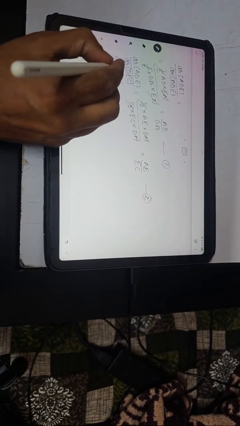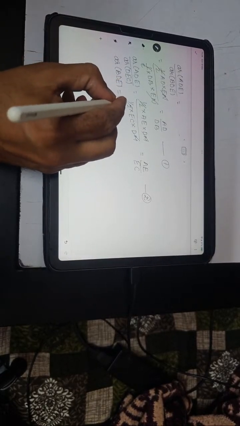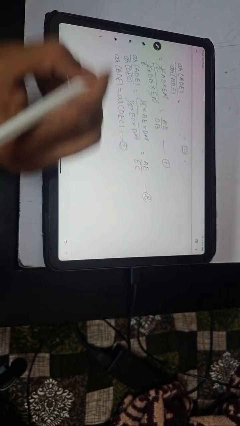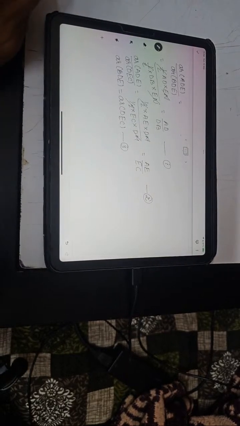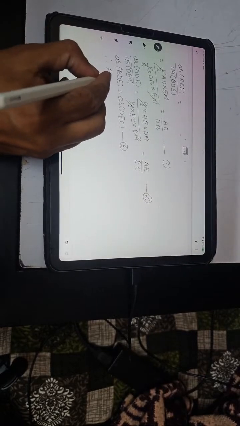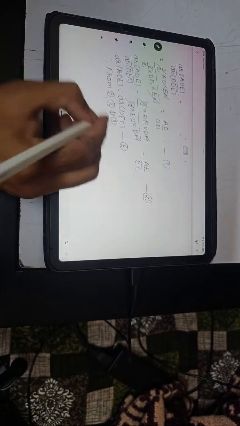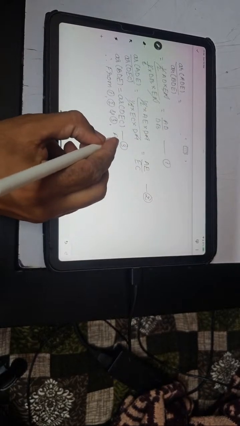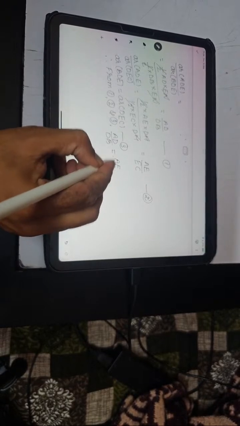And area of triangle BDE equals area of triangle DEC. Right, that is third, as both are on the same base and between the same parallels, so they will be equal. So, can I say from 1, 2 and 3, AD upon DB equals AE upon EC.